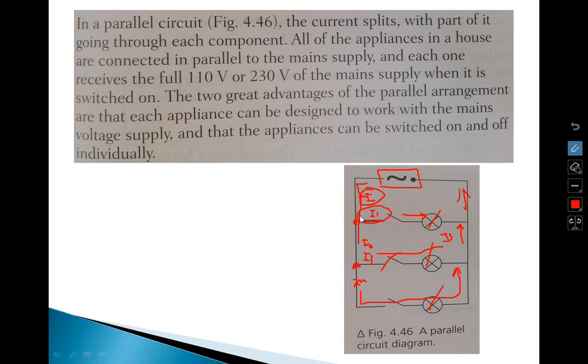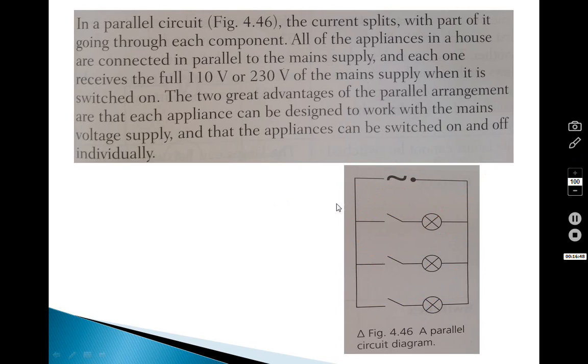So the two great advantages of parallel arrangement are what? That each appliance can be designed to work with the mains voltage supply, and that the appliances or the sources can be switched on and off individually.